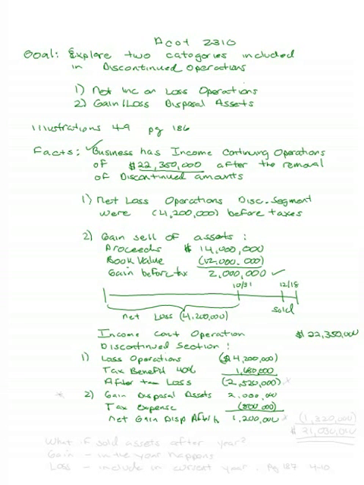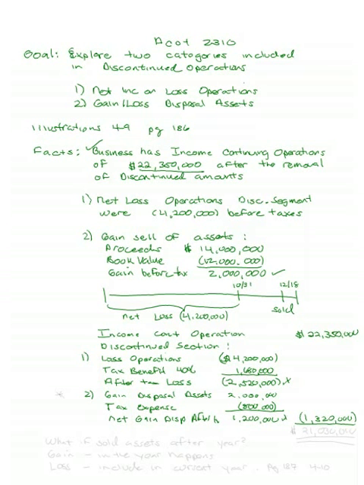We have a loss from operations and a gain from disposal. Those two numbers, $2,520,000 loss plus $1,200,000 gain, netted together, added together, this number and this number, are a $1,320,000 loss for total discontinued operations.